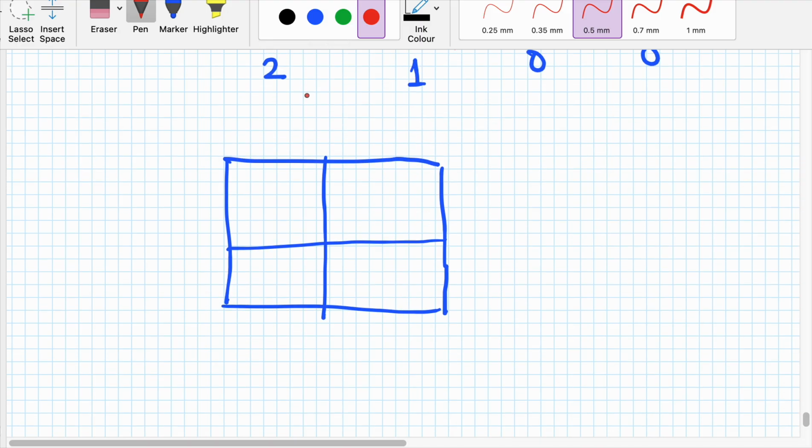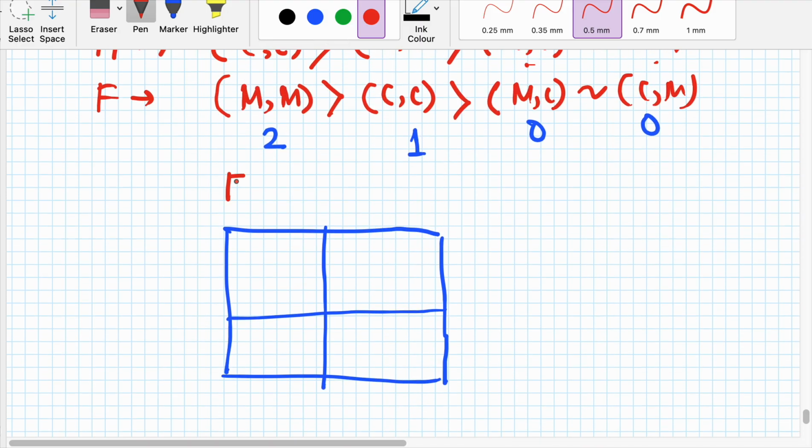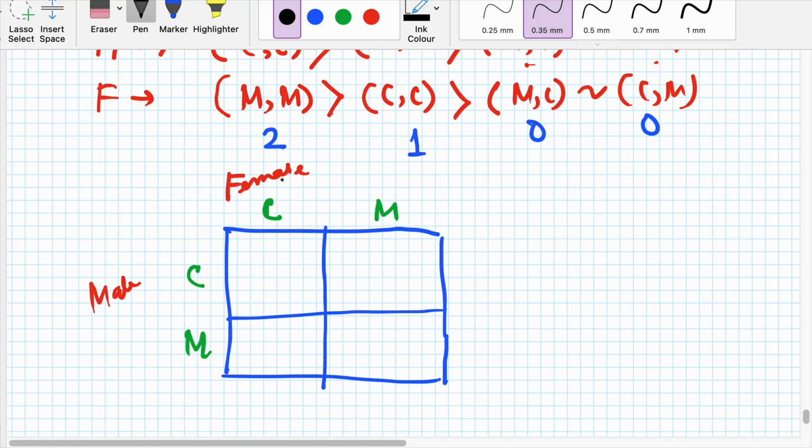This is the female's action, this is the male's action. The choices are going to the cricket match or going to the musical concert.